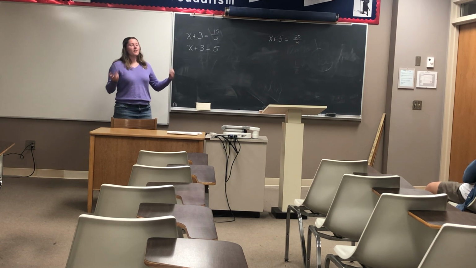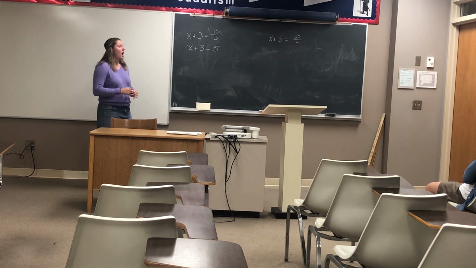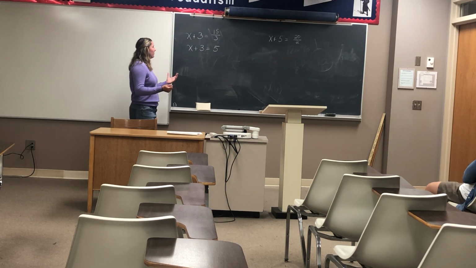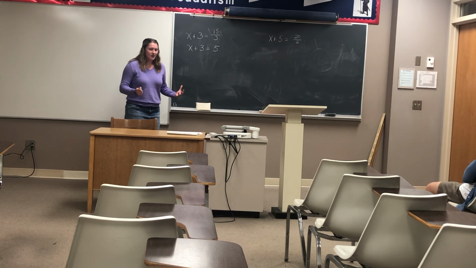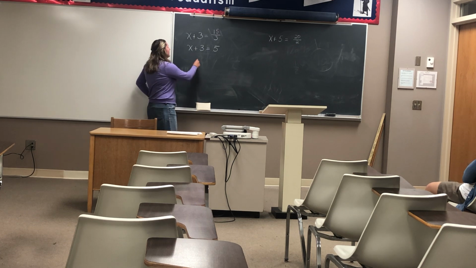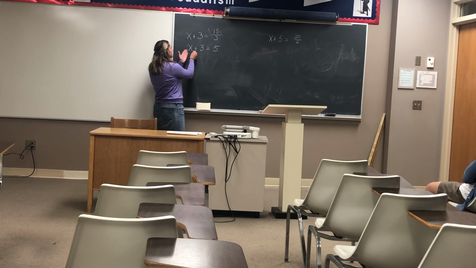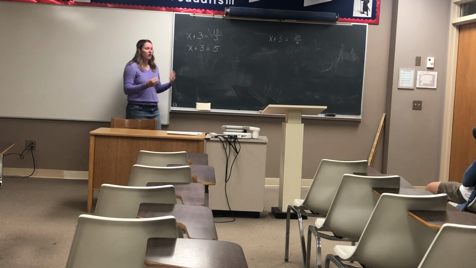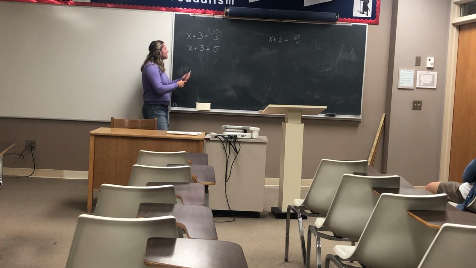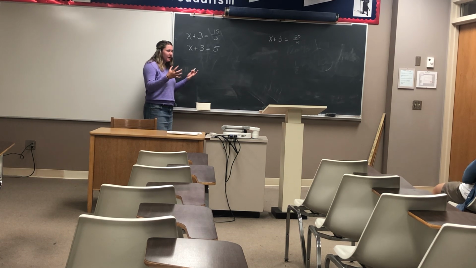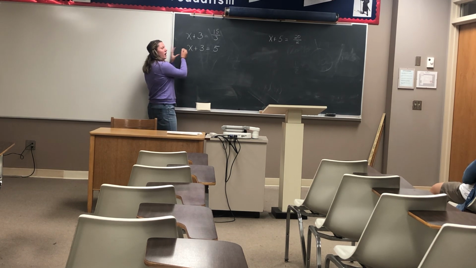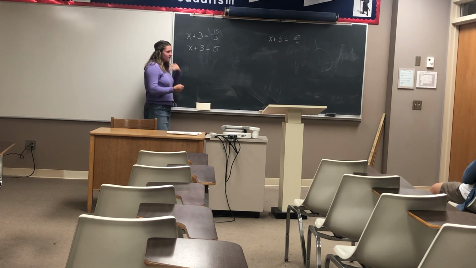We're going to get the unknown alone by doing opposites. And you think, what do you mean we're going to do opposites? Okay, so we're going to look here, and what is keeping this x from being alone? Everybody can see it is the plus 3. We want this x to be all by itself, but this 3 is in the way.